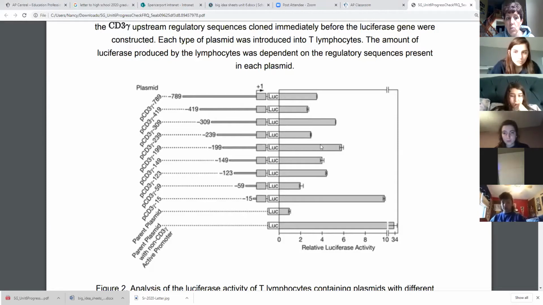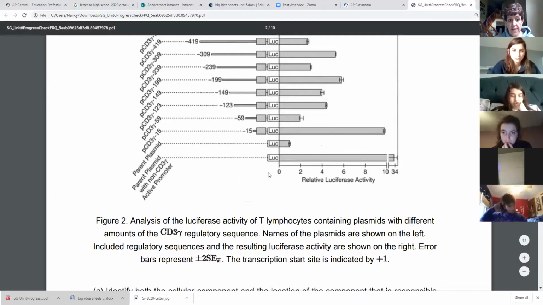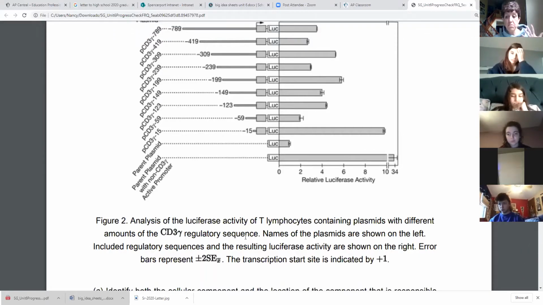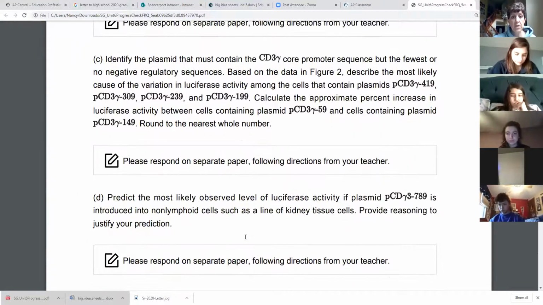They each have different what? Whenever you're not sure what it has, look underneath the figure because chances are the answer is going to be right here. So the difference between all of these plasmids is that they have different amounts of regulatory sequence. So that's why they're different. That's what you have to put. They have different amounts of regulatory sequences.